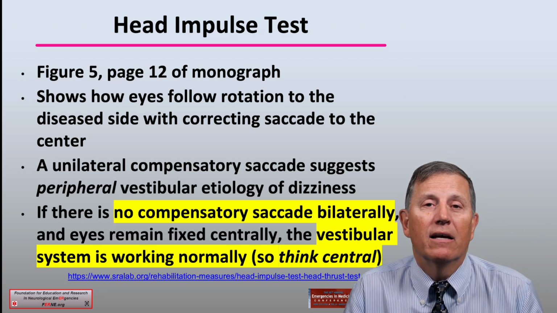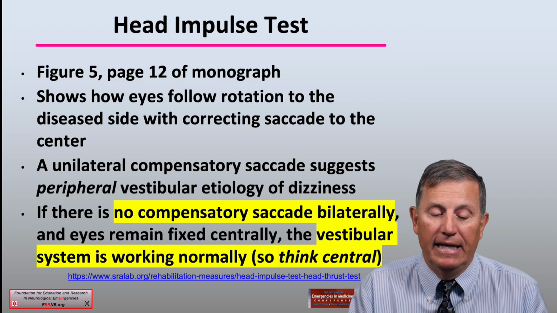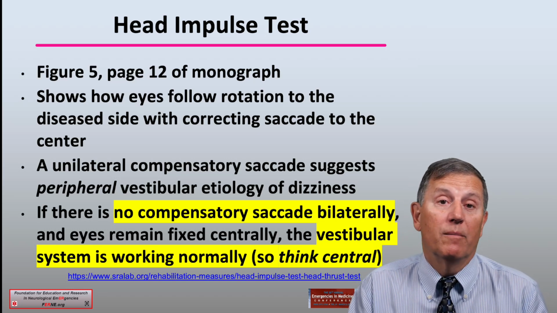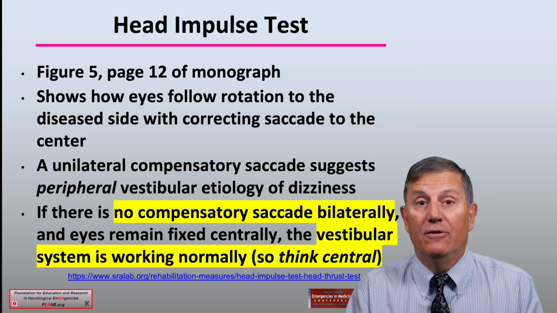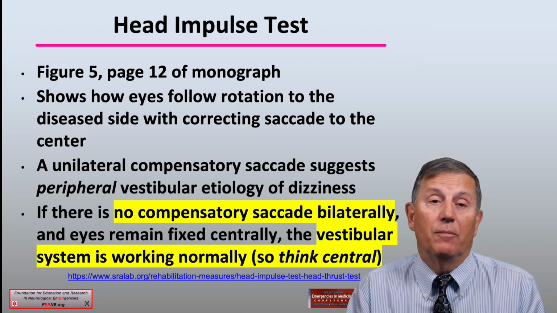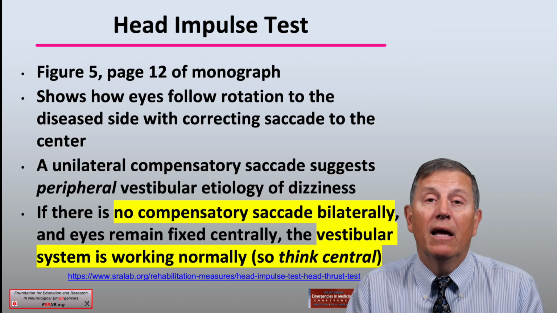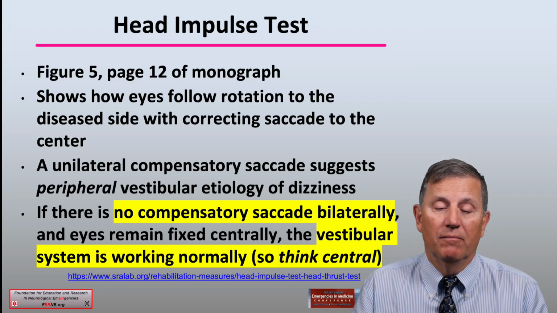This correcting saccade is evidence of a peripheral etiology. If there's no compensatory saccade on either side, then the vestibular systems are working normally, and think a central etiology.